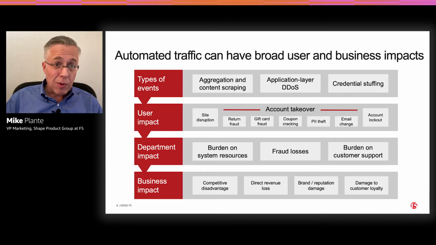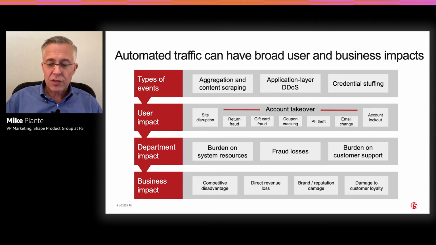There's obviously a burden on your internal teams to both investigate and make whole consumers after these types of incidents. Oftentimes, these types of incidents result in heavy phone calls to your customer service desks. It has a lot of department level impacts across your company. And then finally, there's some pretty material business impacts.